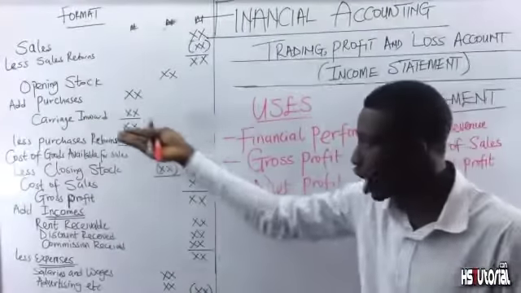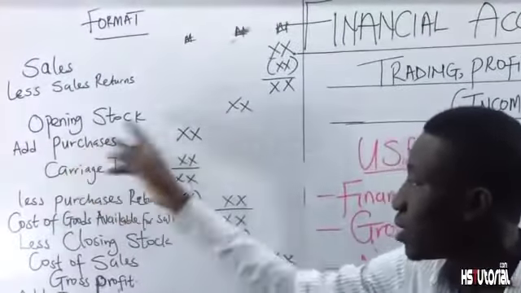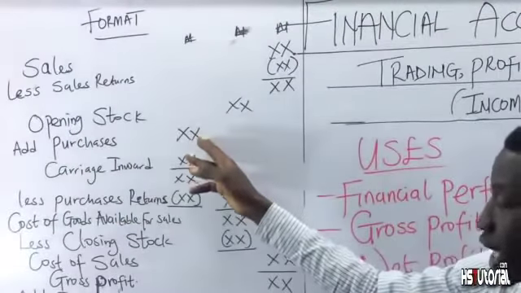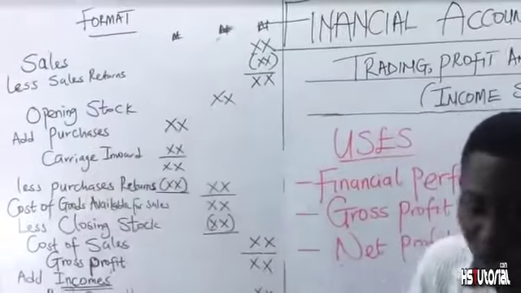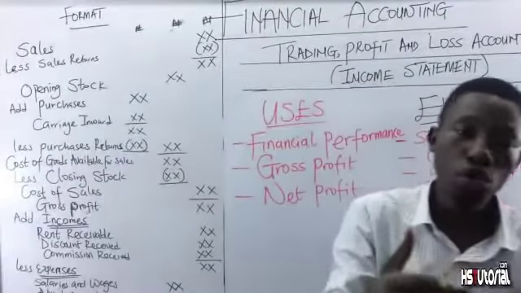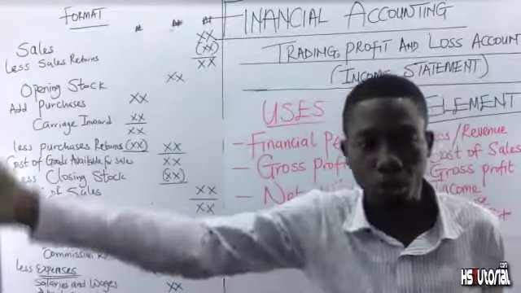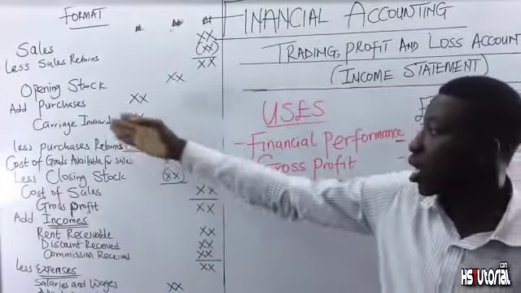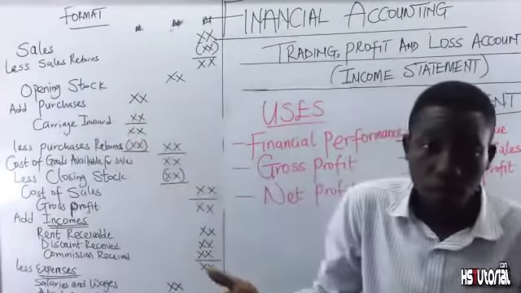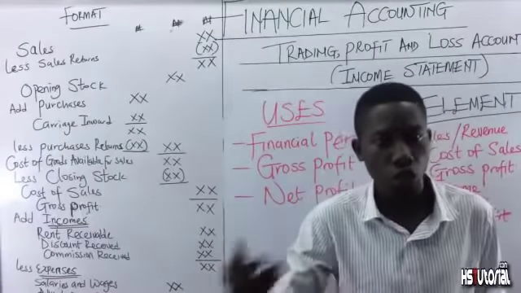Now, let me show the adjustment for you. And this is your purchase, right? You have your figure here. Then your carriage inward. What does carriage inward mean? Let's assume you purchase goods from an outsider or from your supplier. Then there are some transportation costs you will have to incur.